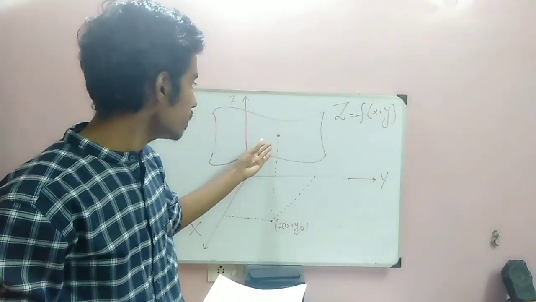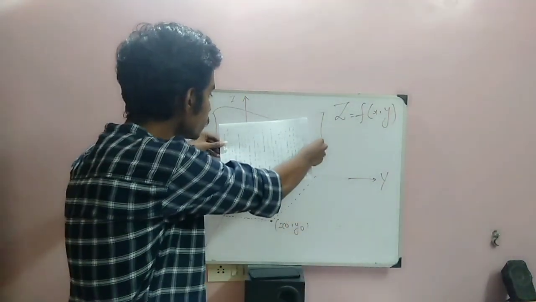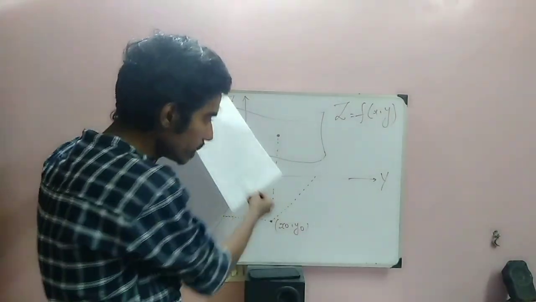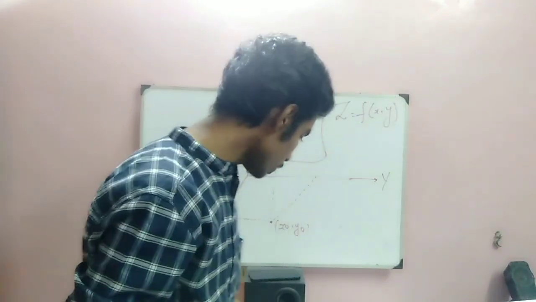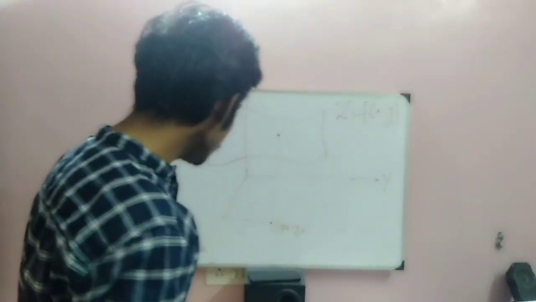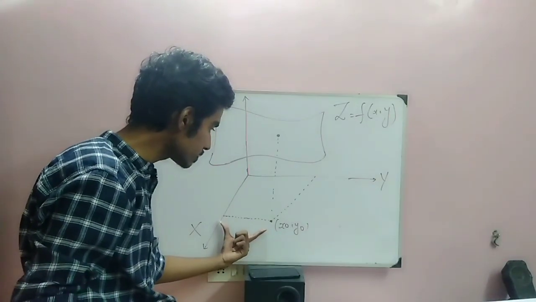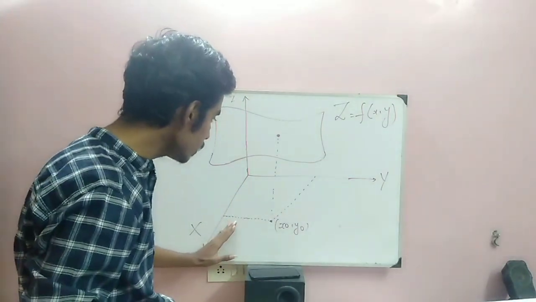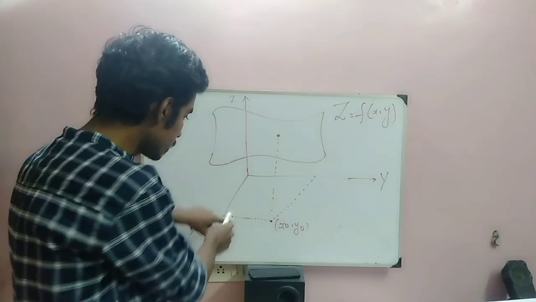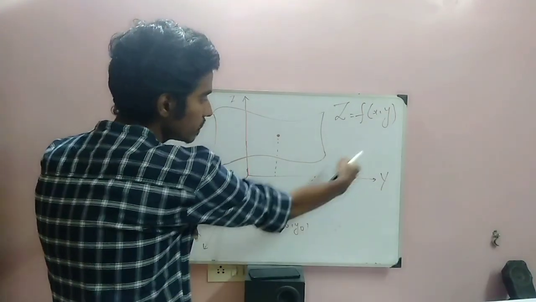So we can talk about a tangent plane for every point for a function of two variables. That is what we are going to do now. For that, I am going to fix x naught and vary y naught, that is, x naught is fixed and y naught is varying.